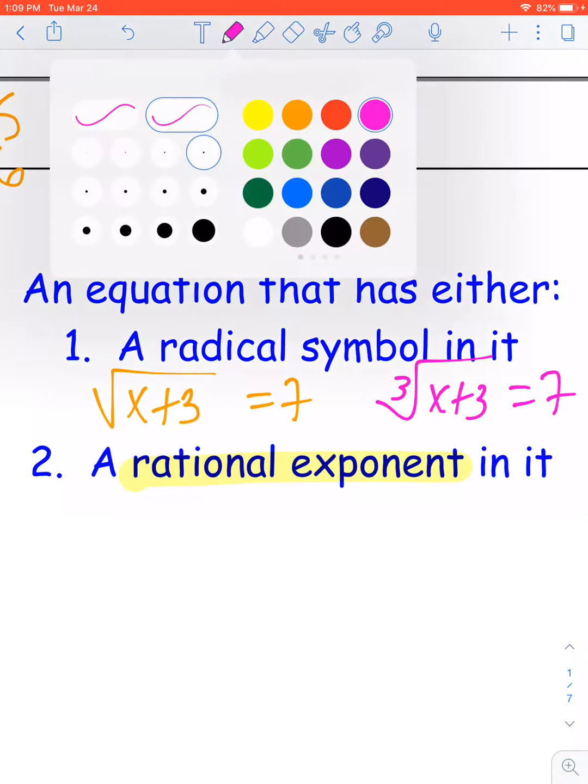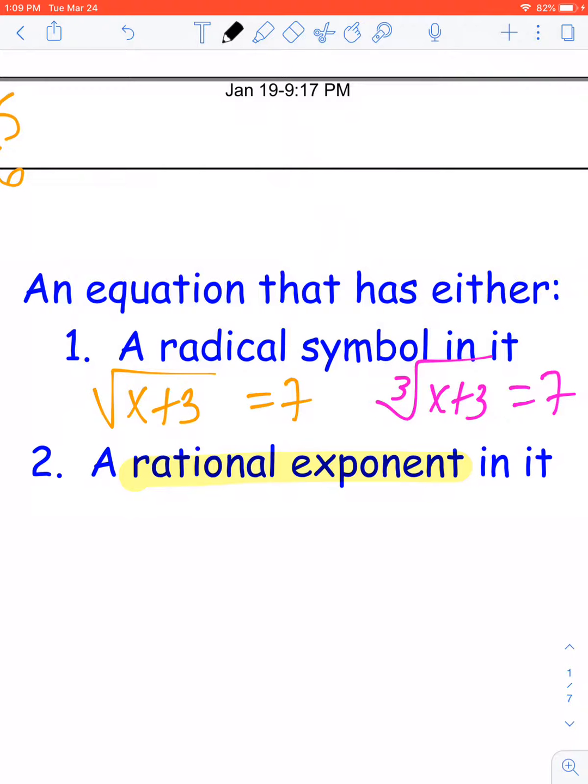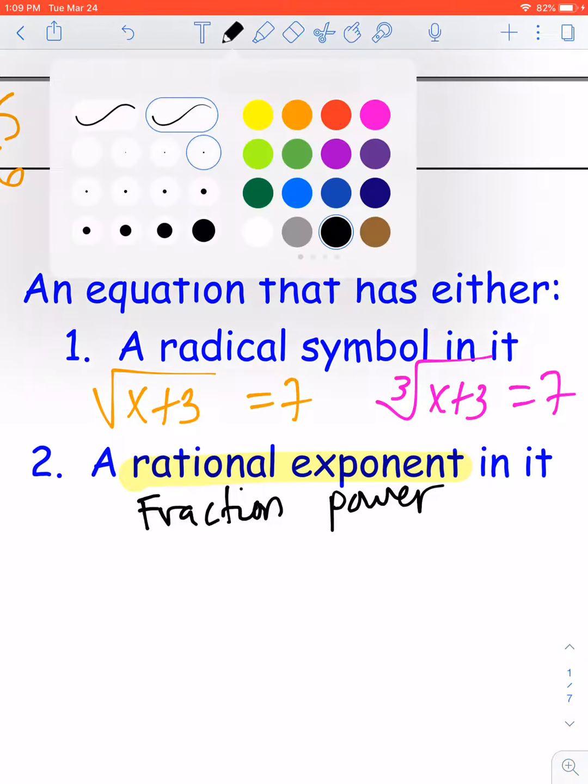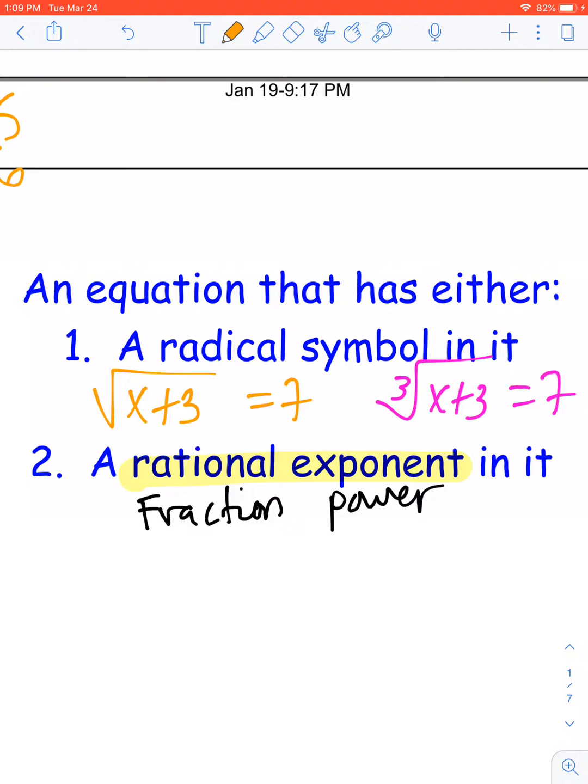Remember, rational means fraction, and exponent means a power. So I can rewrite the square root of x plus 3 equals 7 by writing it as x plus 3 to the first power over 2, which is the root.